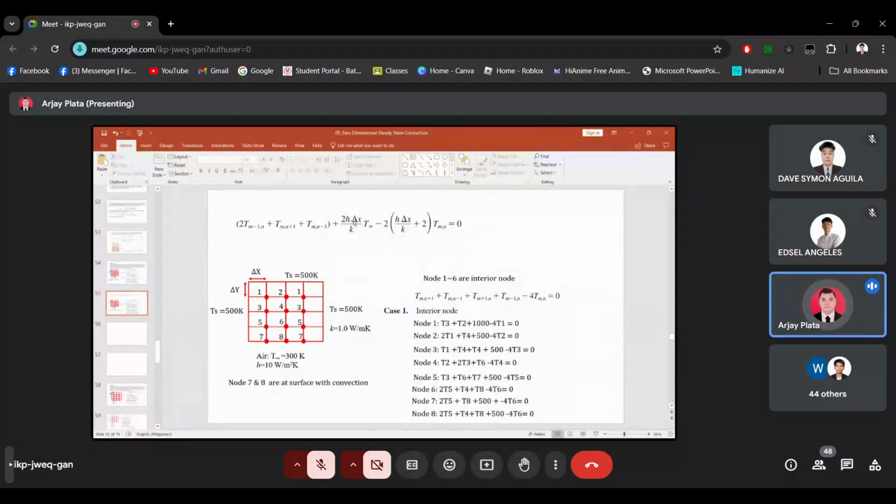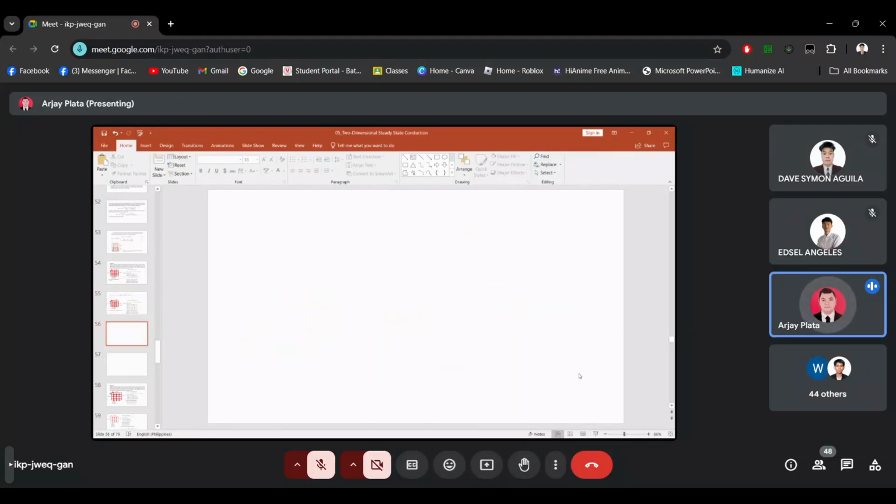Or 2 times 2.5 is 5, times 300 is 1.5. So plus 1.5, minus 2 times 2.5. The value of h delta x over k is 2.5. So 2 times 2.5 plus 2 is 2 times 9. So we have 9T7. Okay, so that's our node 7.